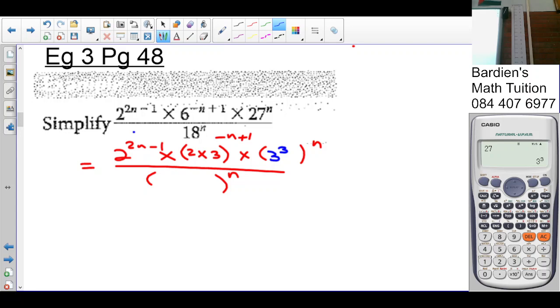People, 18 can be written as what? 2 times 3 squared. Right, what do we do now? Multiply exponents. So do your thing quickly.